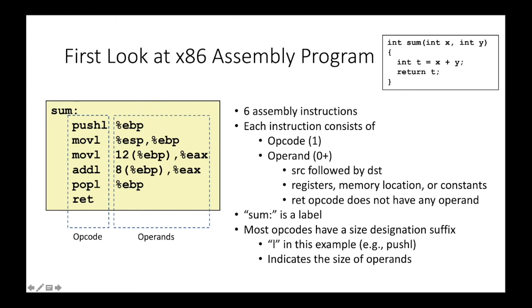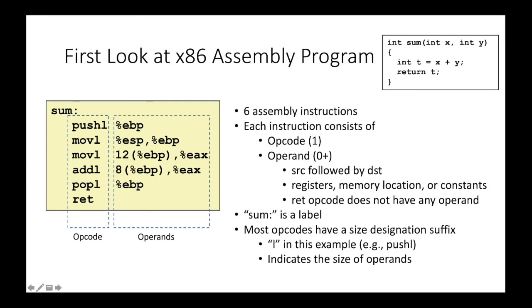In case of multiple operands, the first one right next to the opcode is the source operand, followed by the destination operand. Operands could be registers, memory locations, or constant numbers. Note the return opcode does not have any operand.